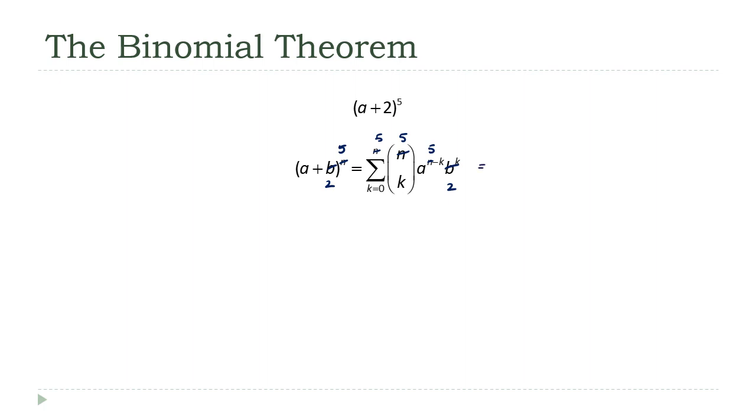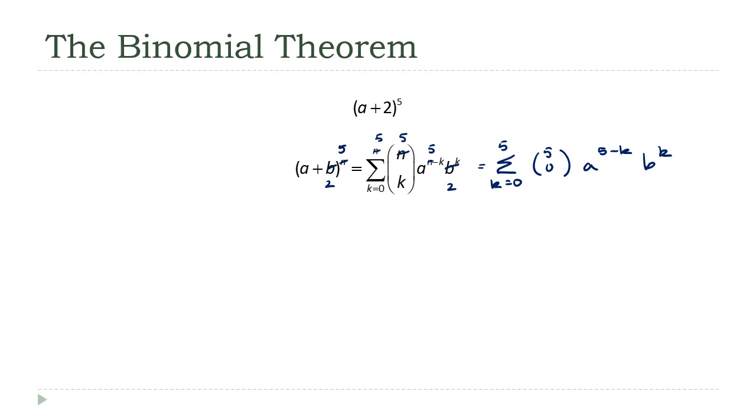All right, so let me write this out a little cleaner here. The sum from k equals 0 to 5 of 5 choose k, a to the 5 minus k, b to the k. Okay, so let's write this out. The way I do this, I do it in separate parts. I do the coefficients first.